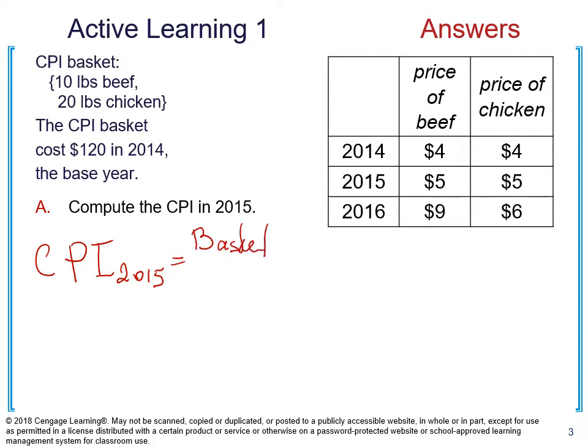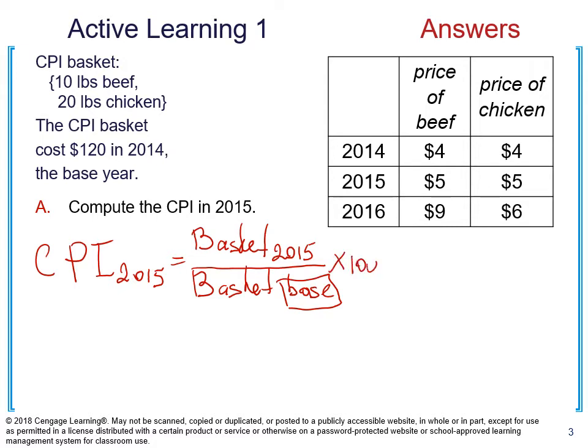I'm just going to put basket for year 2015. Remember, this is our current year, and divided by the basket cost for our base year, and I'm going to put base year so that you remember. And remember, to calculate the index, we need to multiply it by 100. So this is our formula.